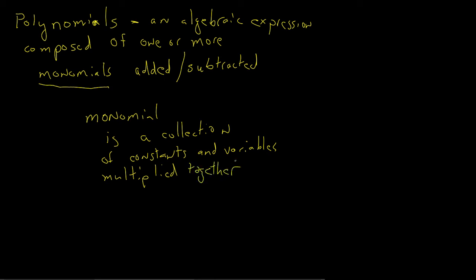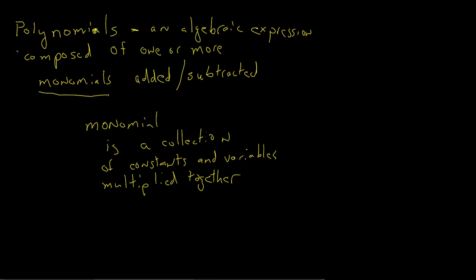And so I have always found mathematical definitions to be a bit odd, so I like showing examples more than anything else. And our focus will be on the polynomial. We're going to have to look at its building block, the monomial.